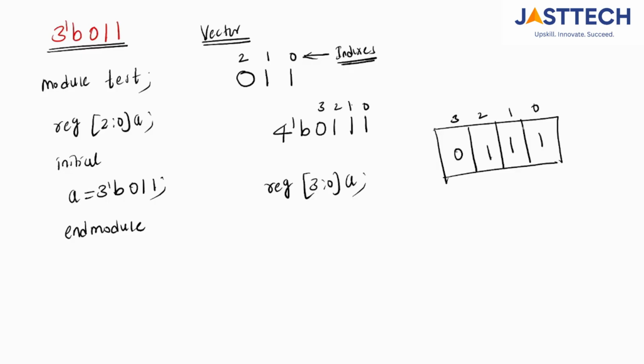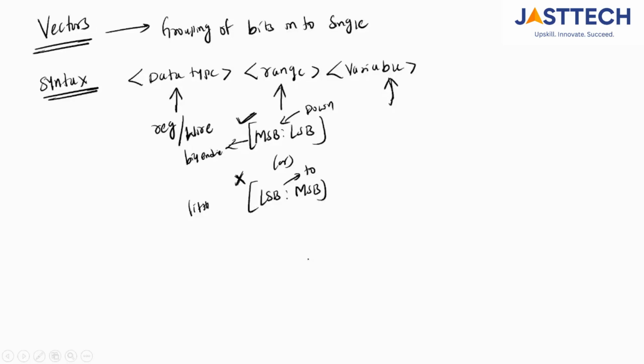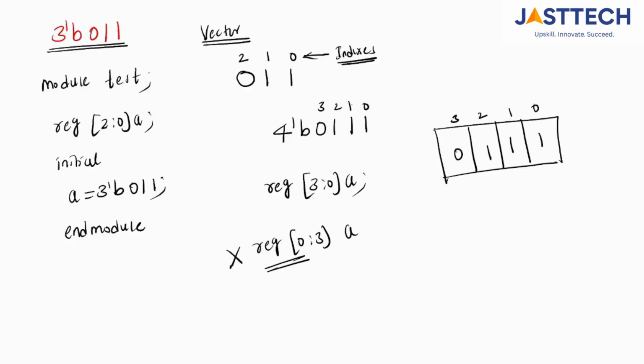Suppose you consider reg [0:3] A. Mostly we will not use this representation. Previously I told you, we are not using LSB to MSB; mainly we are using MSB down to LSB.